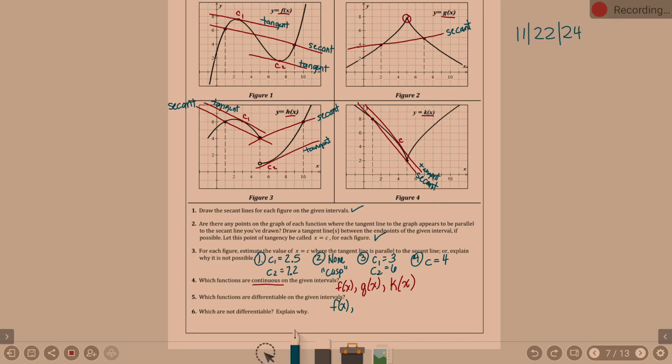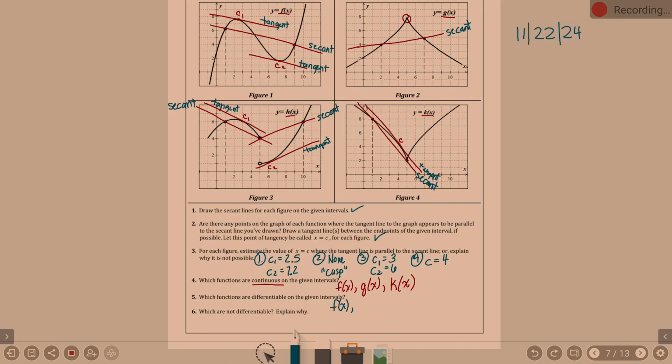Wait a minute, I'm confused. On the given interval. Oh, my brain is thinking the whole graph, but I'm seeing what you're saying.